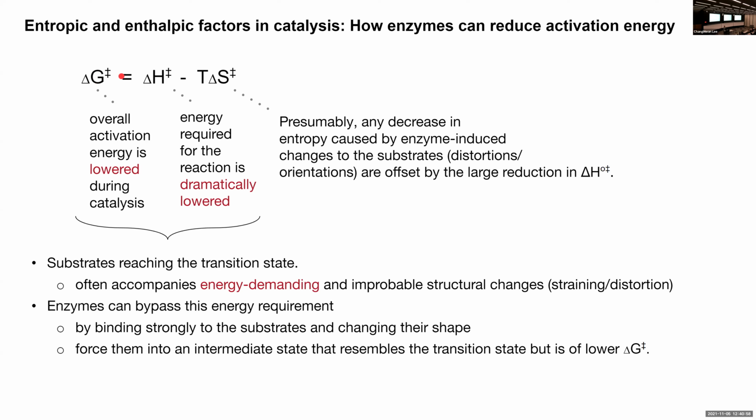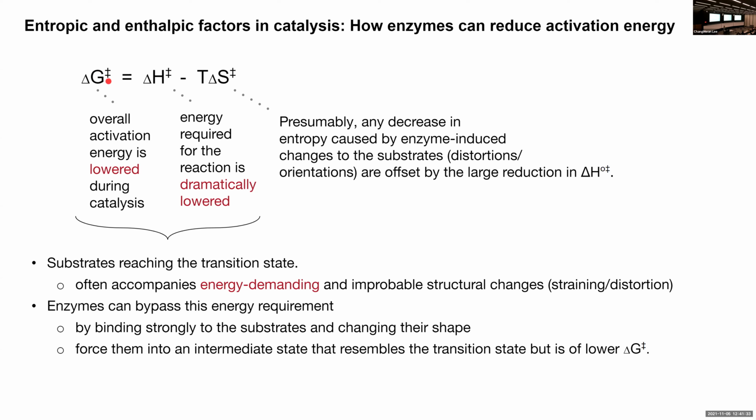But delta G double dagger, which is the free energy of activation, tells you how much getting to the transition state has gotten easier, how the transition state energy goes down after catalysis using enzymes or catalysts. So the delta G double dagger tells you the overall activation energy, and that has to be lowered during catalysis, basically lowering the bar, the hurdle, to get to the product.